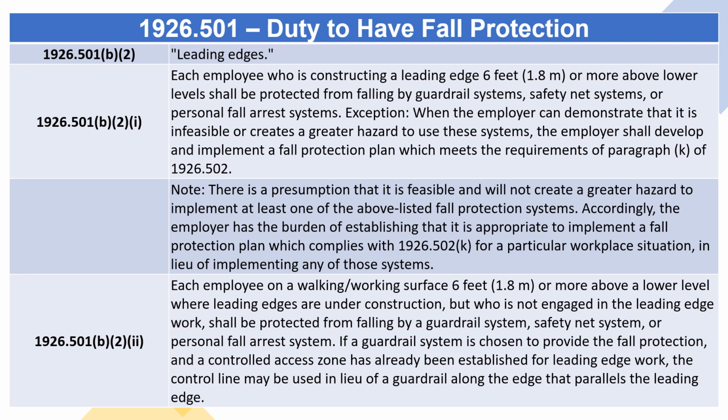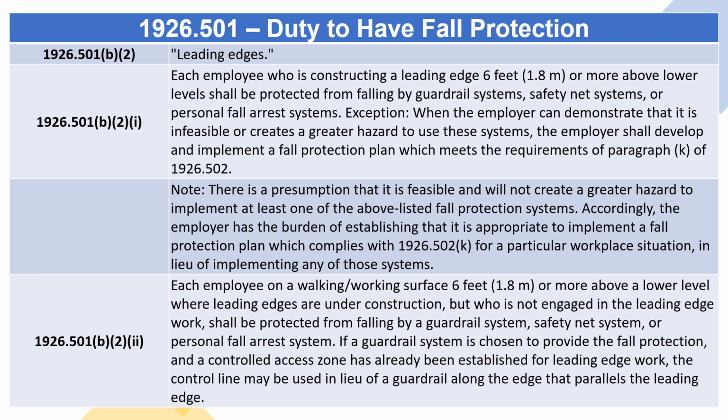Note: there is a presumption that it is feasible and will not create a greater hazard to implement at least one of the above-listed fall protection systems. Accordingly, the employer has the burden of establishing that it is appropriate to implement a fall protection plan which complies with 1926.502 K for a particular workplace situation, in lieu of implementing any of those systems.